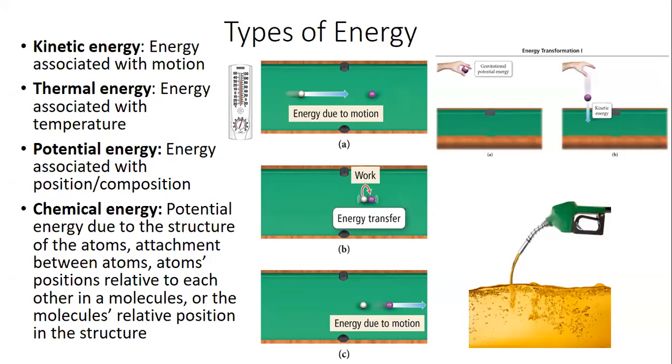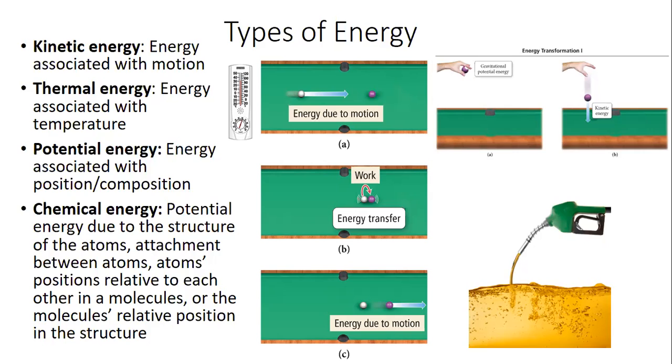Gasoline has a lot of bonds that have high energy. And when we break those bonds, we can utilize that energy. And we use that energy to move a car, for example.